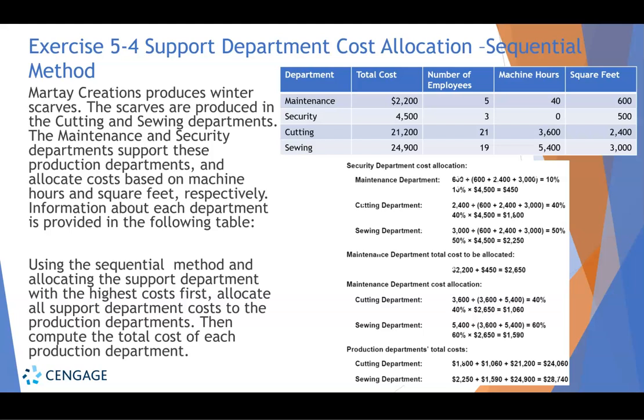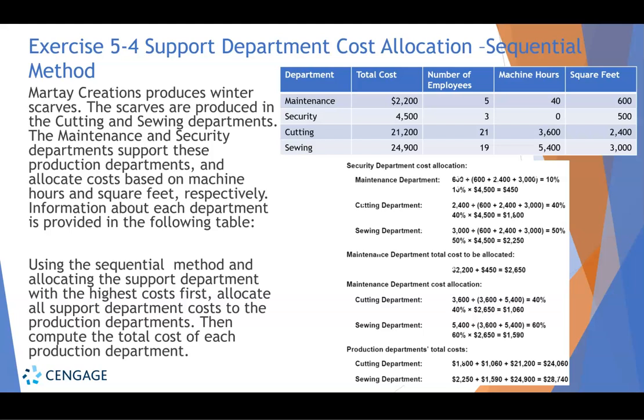Now for the maintenance department, we've got $2,200 as their cost, but the allocation from security is $450. So we need to allocate $2,650 of maintenance support to the other two production departments, the cutting and the sewing.